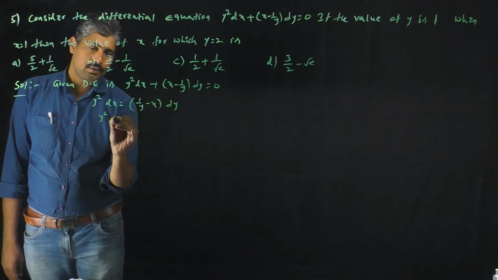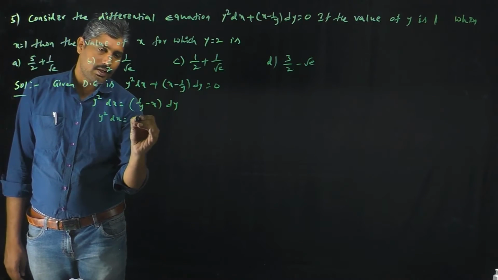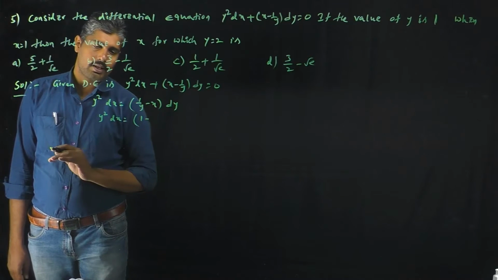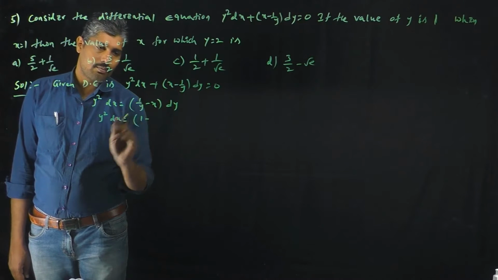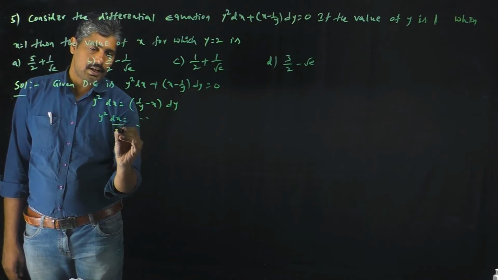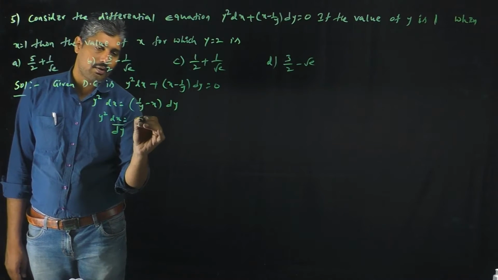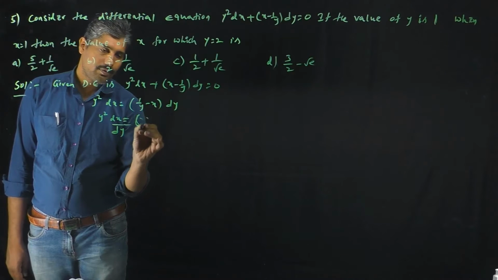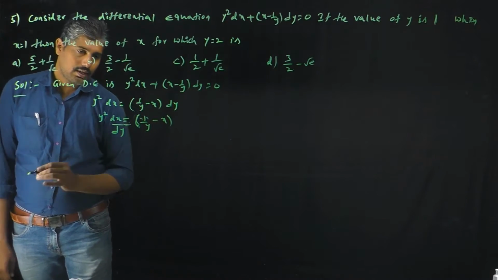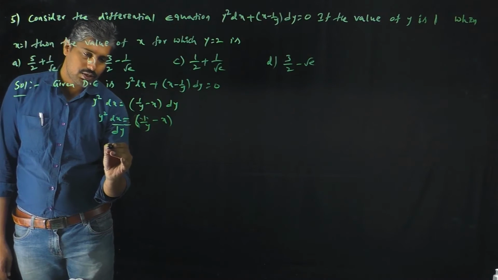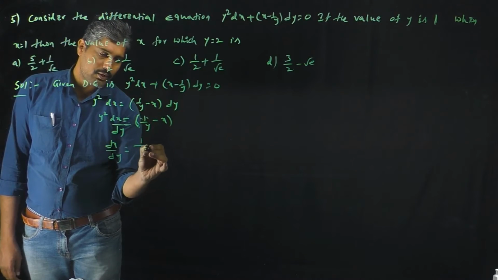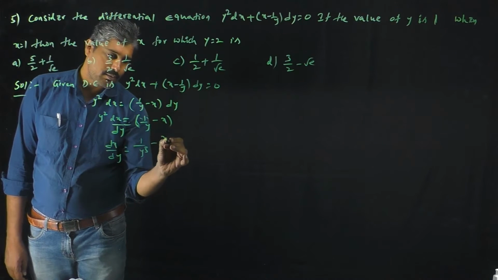Therefore y squared into dx equals 1 minus y into x, taking dy to the right side, dx by dy equals 1 by y minus x. Right, dividing with y squared, then we get dx by dy equals 1 by y cubed minus x by y squared.